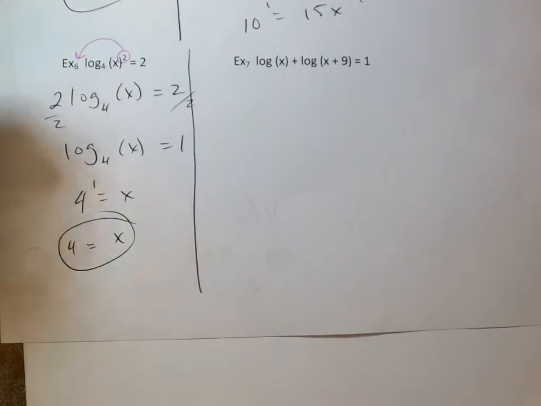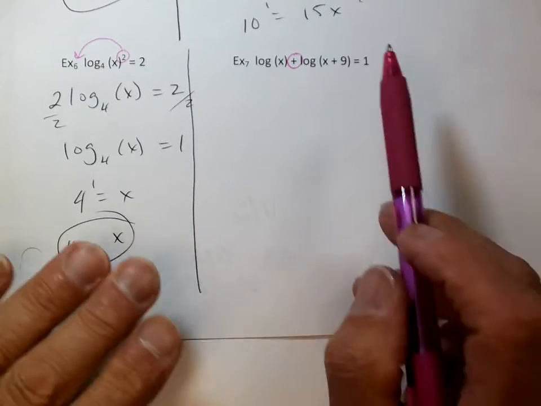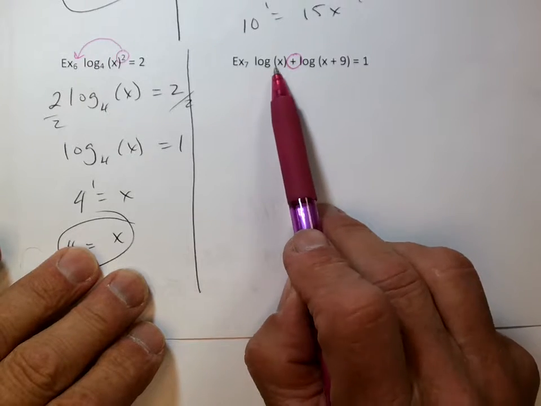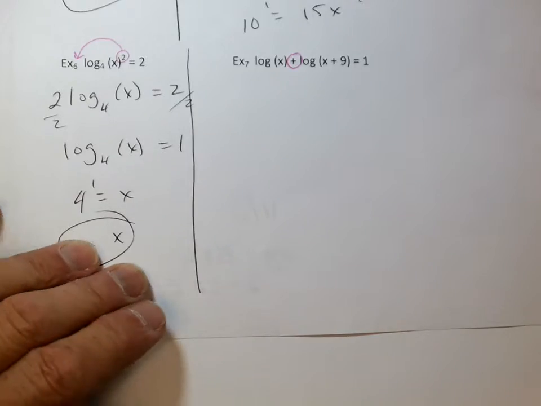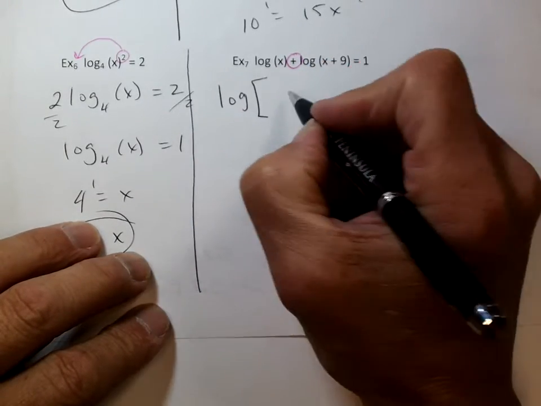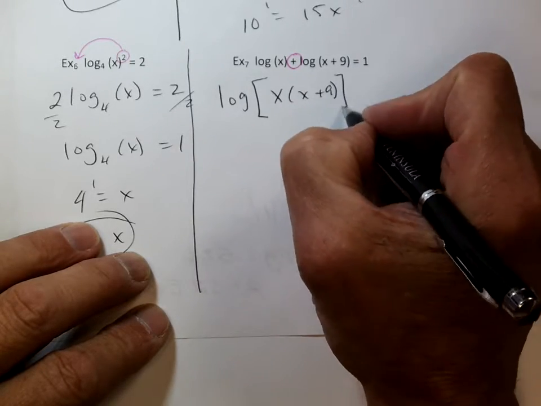So, I need to make it a single log. So I'm going to combine them. When I see the plus sign here, I'm going to combine the two answers as multiply. So I'm going to rewrite this as log of x times x plus 9 equals 1.